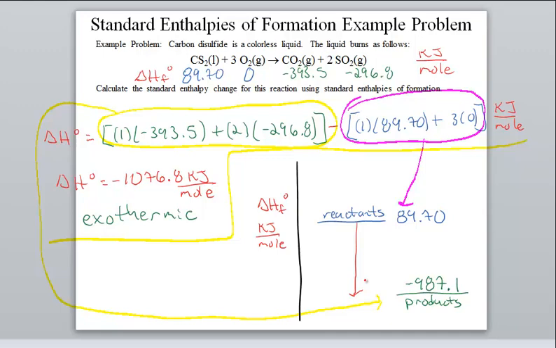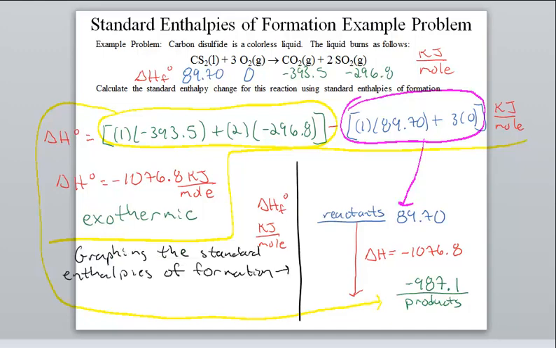That difference is 1076.8. What we're doing here is graphing the standard enthalpies of formation change: where they start, where they finish, and showing the change. This is something you should be able to do for any chemical reaction, this theoretical change.